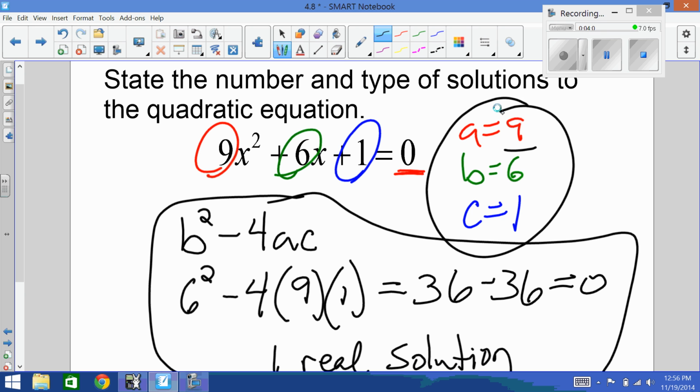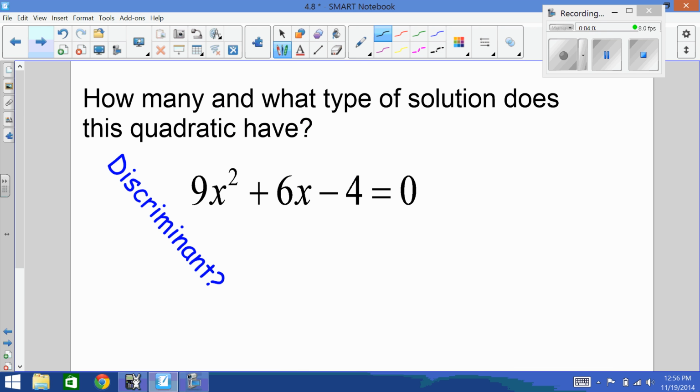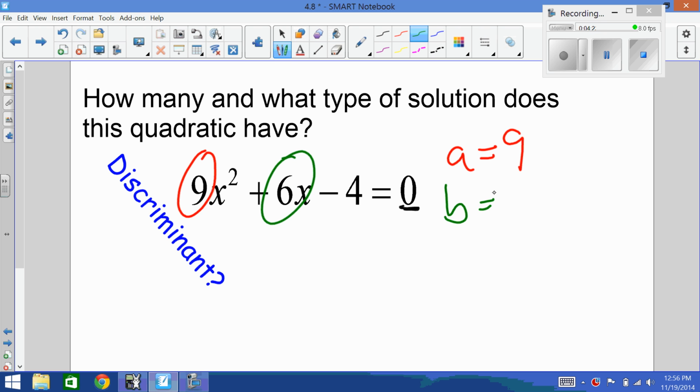Okay, let's look at another example. Let's find the discriminant. How many and what type of solution does this quadratic have? You notice it's already equal to 0. So a is equal to 9, b is equal to 6, and c is equal to negative 4.